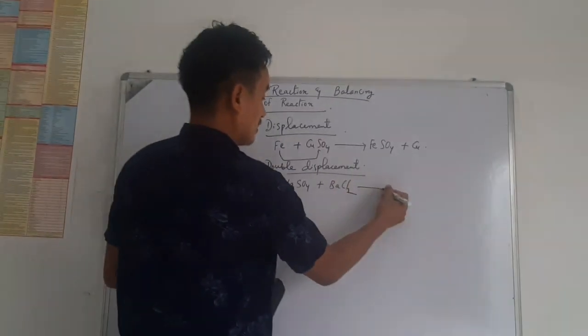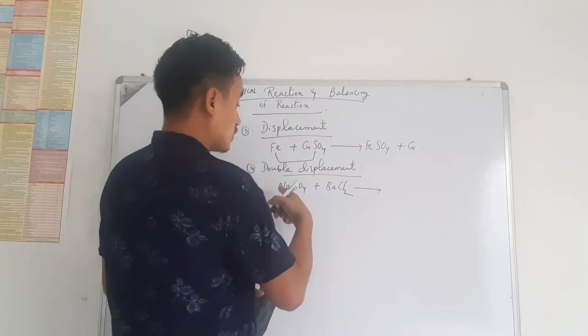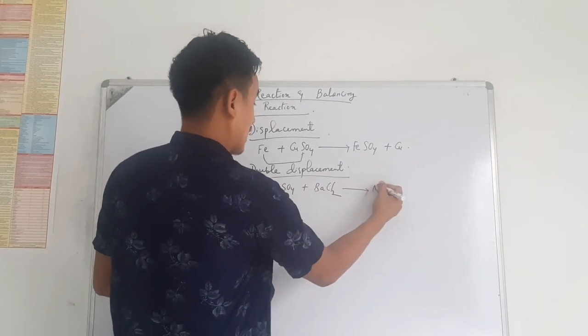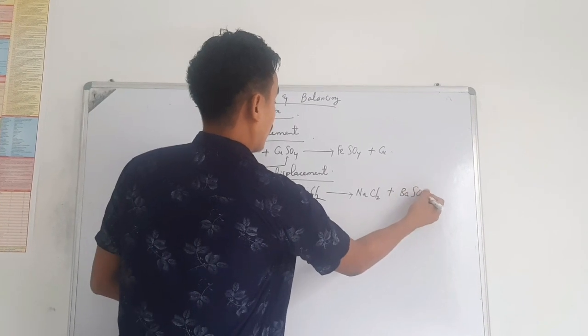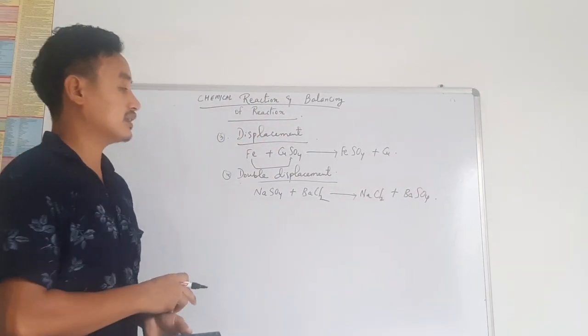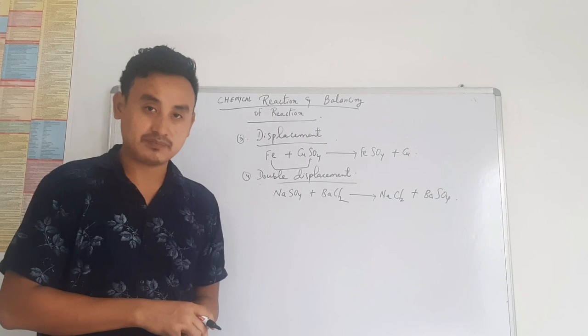When we react them, the sodium displaces the barium, giving NaCl plus BaSO4. This is called a double displacement reaction.